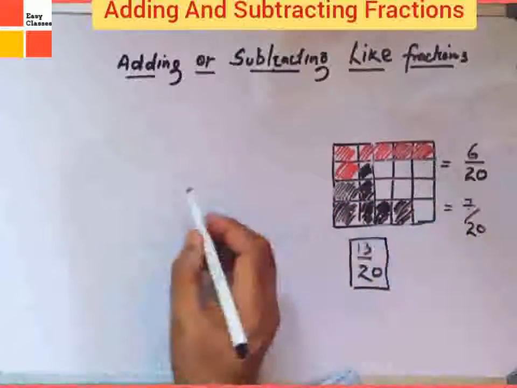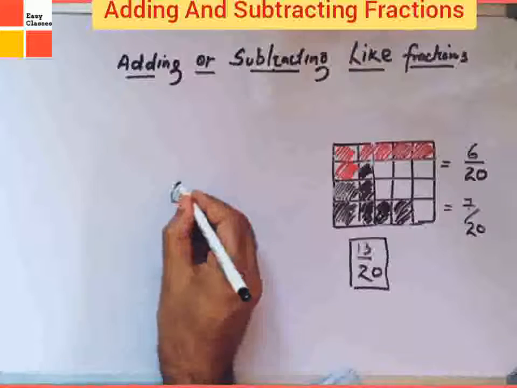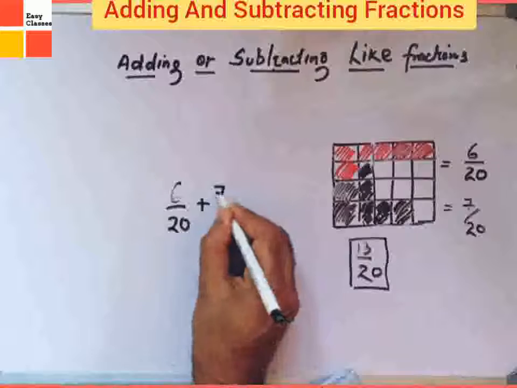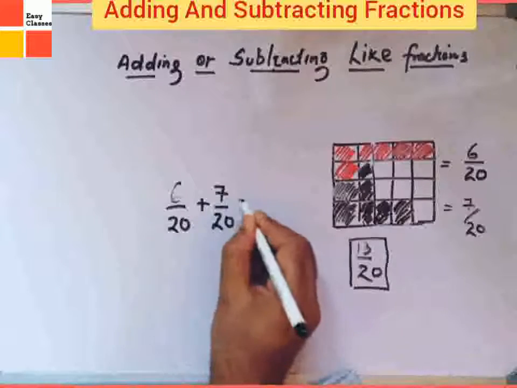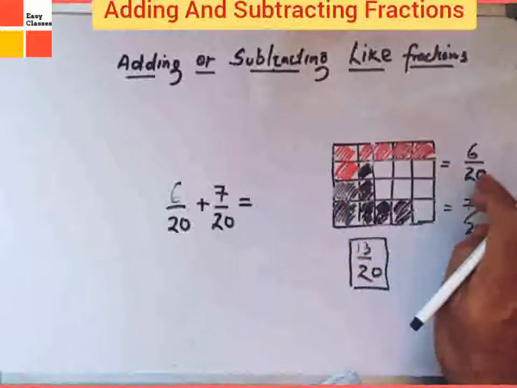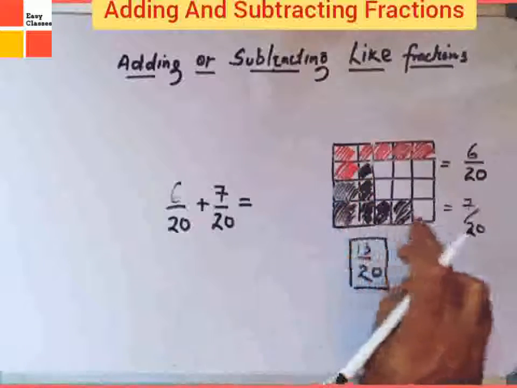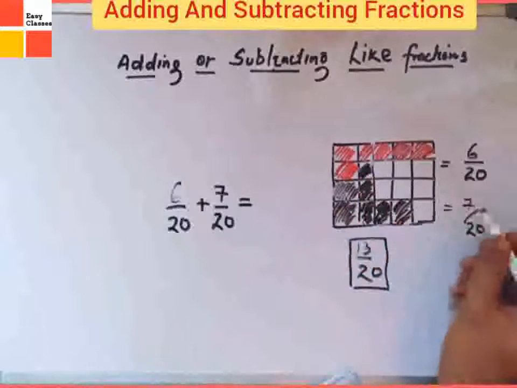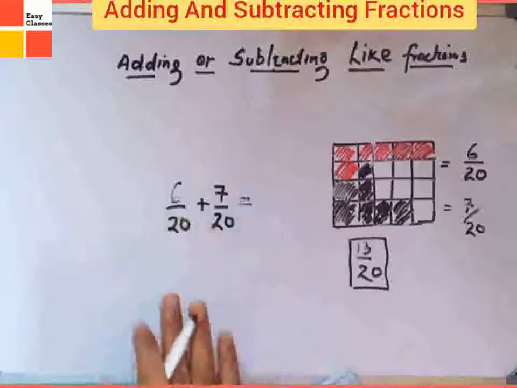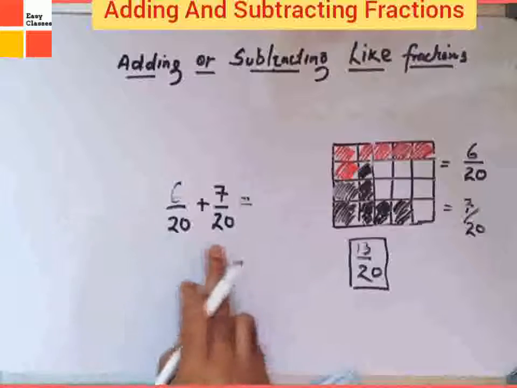You can do this in this way as well: 6 by 20 plus 7 by 20. The red portion is equal to 6 divided by 20, and the part which is shaded black is equal to 7 by 20. Whenever we add, see, these are like fractions because the denominators are same.